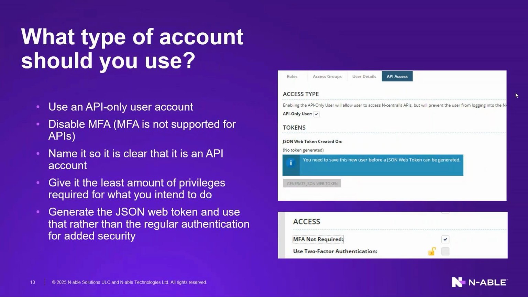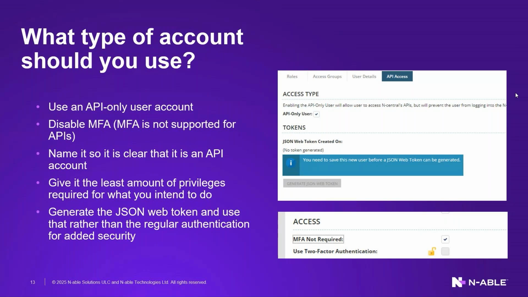Once you have your user account created, what you're going to do is generate a JSON web token, and you're going to use that rather than the username and password to authenticate with the APIs. Now, if you have password management policies in place on your N-central server, and the account's password policy is to expire every 90 days or something like that, what you need to do with your API users is reset the password, but you don't need to regenerate the JSON web token.